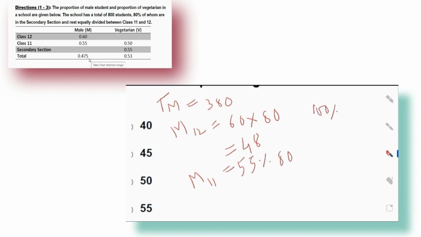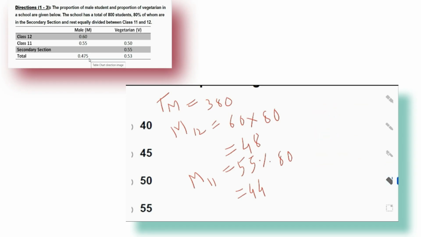So 100% of 80 is 80, and 50% of 80 is 40, that is half, and 5% is just 4. Okay, so if you calculate 55%, that is 50 plus 5, so that is 40 plus 4, that is 44. Okay, so male students present in class 11, that is 44. Okay, in class 12, that is 48. I hope you understood how to calculate this.